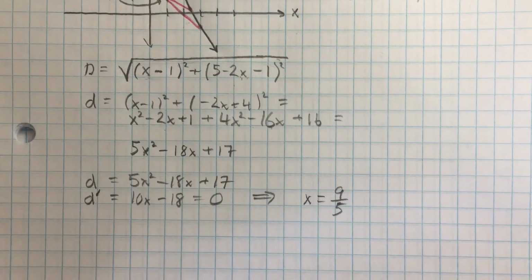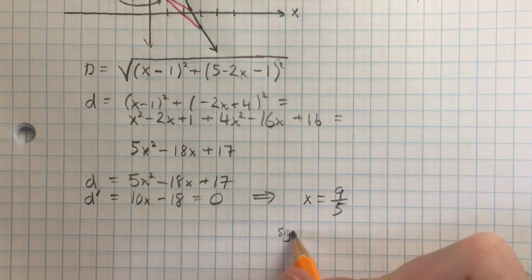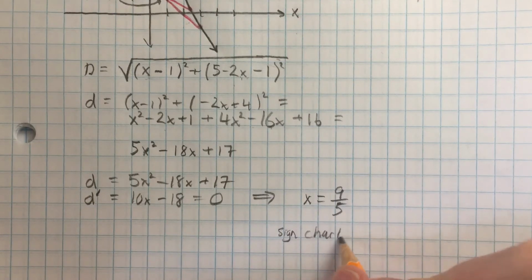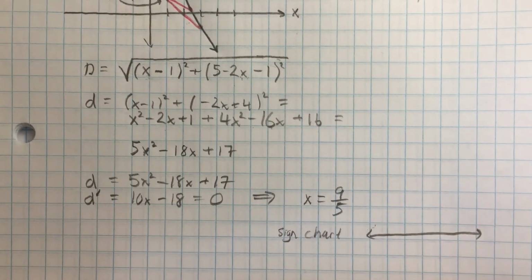Now, I should go ahead and use the sign chart to ensure that this is a minimum. So sign chart. I have something like 9/5 somewhere in here. It doesn't really matter where.